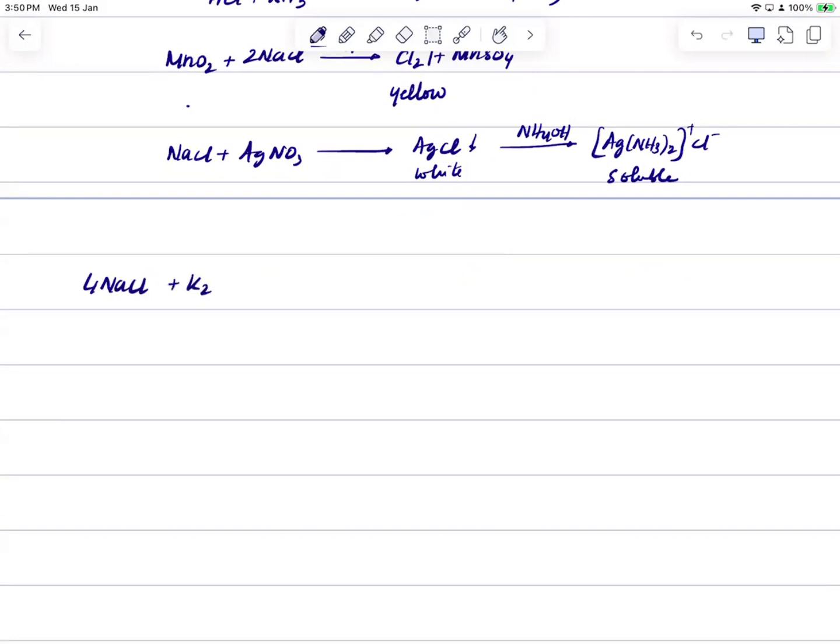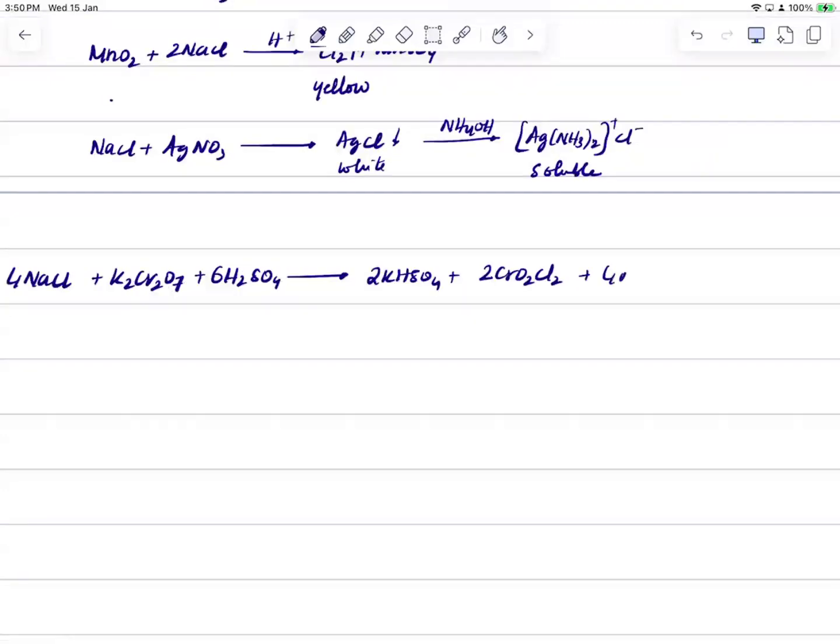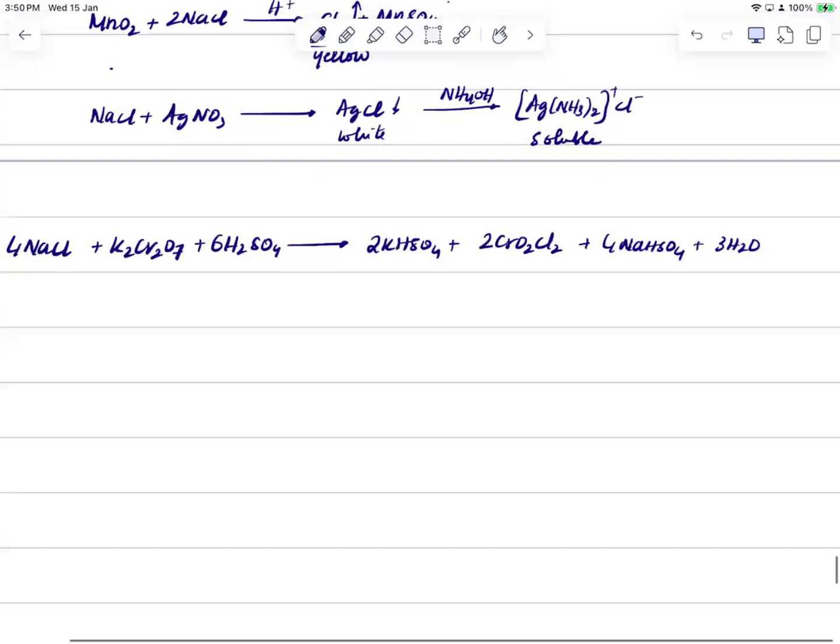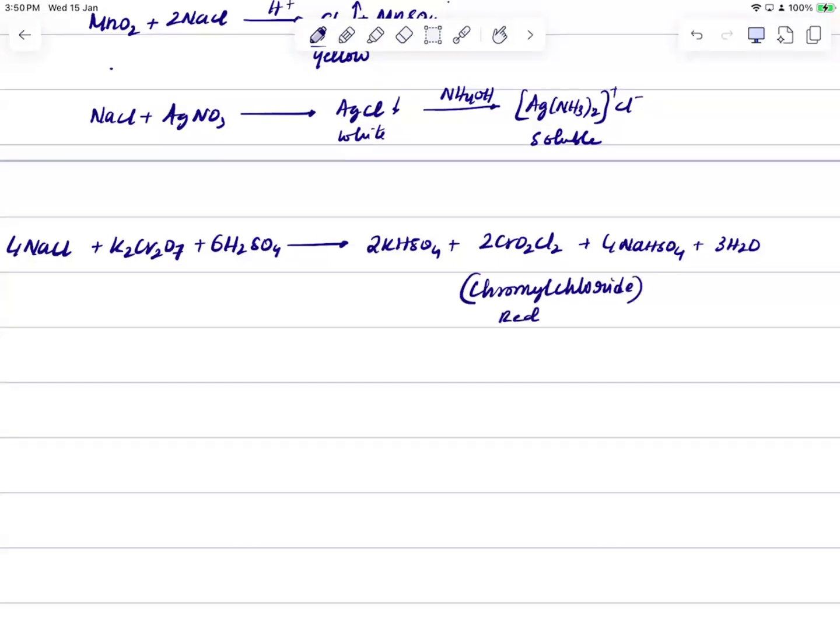NaCl, when you treat with K2Cr2O7 plus 6 moles of H2SO4, will convert into 2 moles of KHSO4 plus 2 moles of CrO2Cl2 plus 4 moles of NaHSO4 plus 3 moles of H2O. Now this is the chromyl chloride test. I mean chromyl chloride vapors, which are red color vapors.